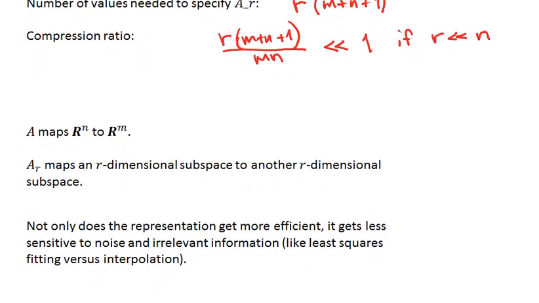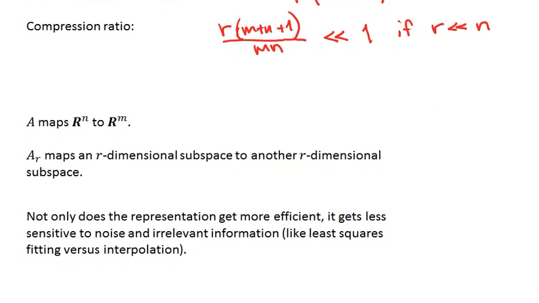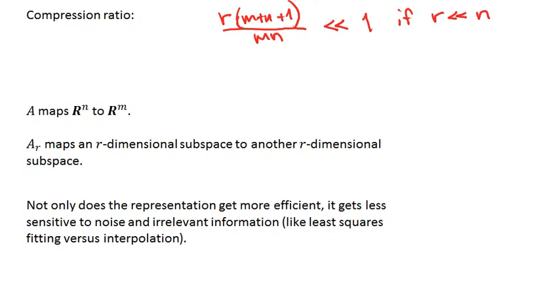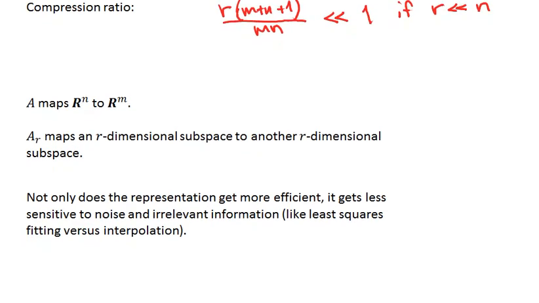But there's a more subtle use of this fact, this special A sub r. So the original A, remember, maps input space R^n to output space R^m. Right, so it maps points from the input space to points in the output space.